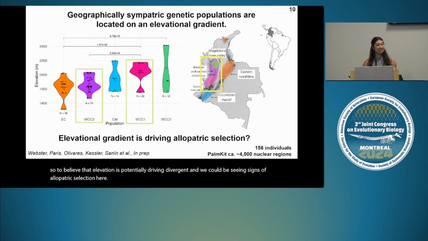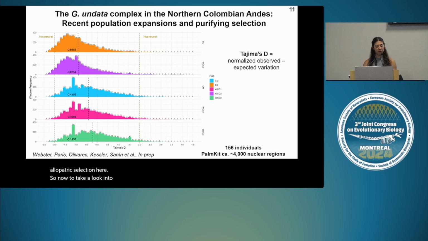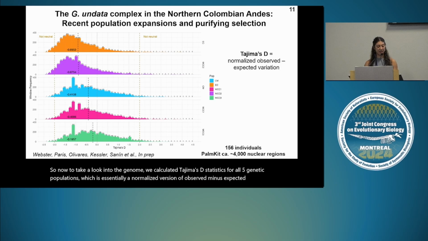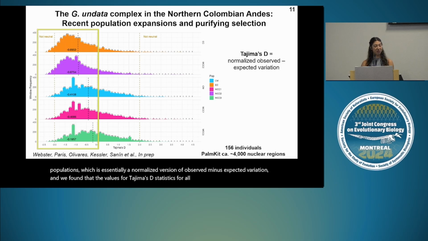So now to take a look into the genome. We calculated Tajima's D statistics for all 5 genetic populations, which is essentially a normalized version of observed minus expected variation. And we found that the values for Tajima's D for all 5 genetic populations were really negative, which is typically an indication of recent population expansions as well as purifying selection.